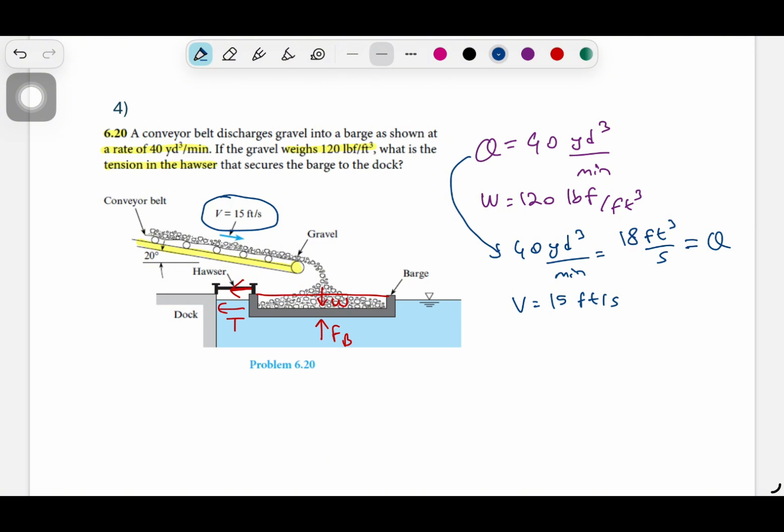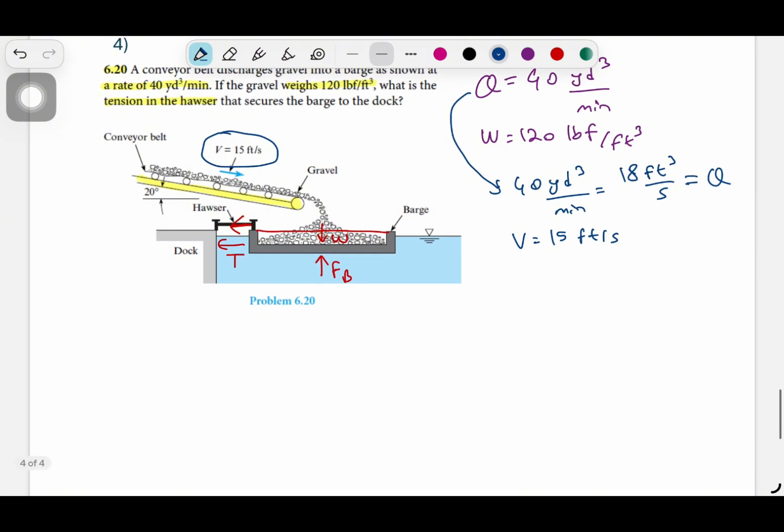Okay, so since we need to find the tension here, and I actually forgot to add velocity, and the velocity is coming with 20 degree. So we will have this force because of the momentum rate. So it will be mv but with a 20 degree.